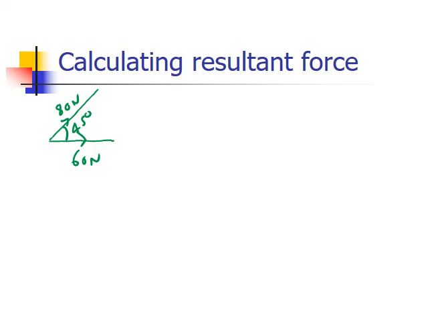So what we need to do is draw a scale diagram, and the larger the scale diagram, the better. I'm going to make my line along the bottom, my 60 newtons there, and I have 1 centimeter equal to 10 newtons, and that's my force in this direction.